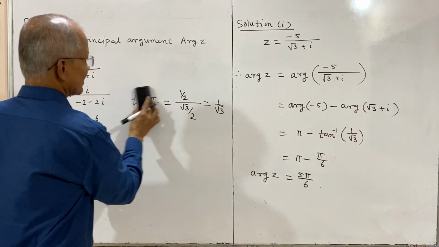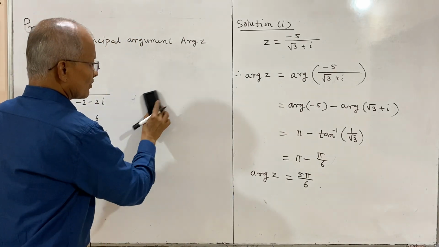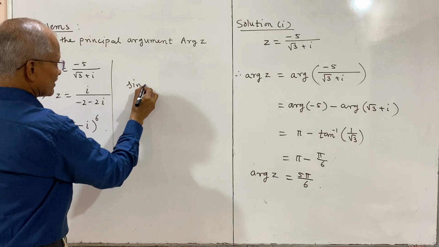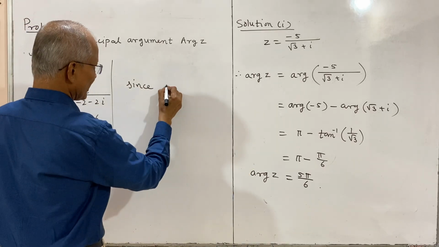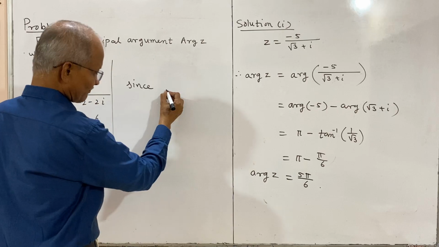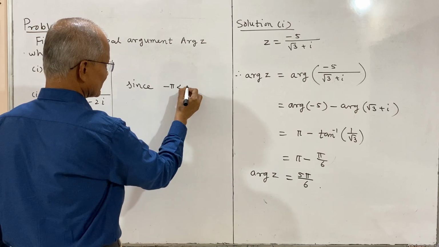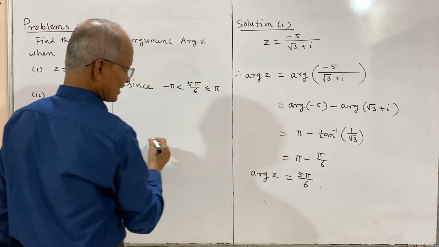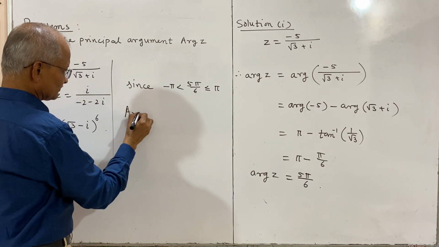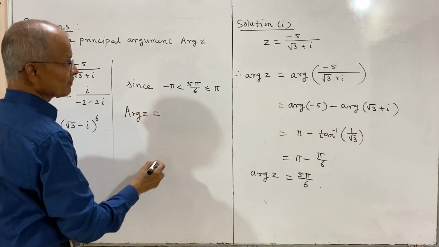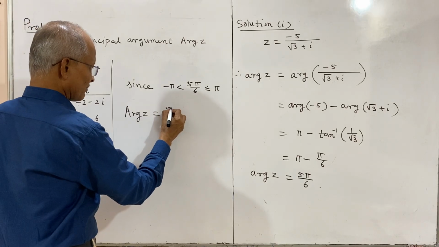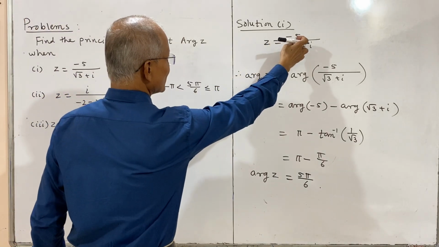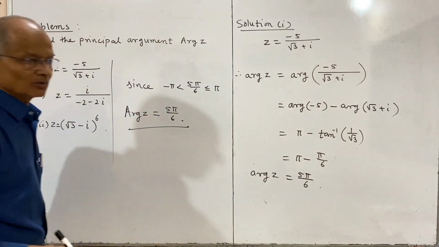Since minus pi is strictly less than 5 pi by 6, which is less than or equal to pi, the principal argument of z is 5 pi by 6, where z is minus 5 divided by root 3 plus i.